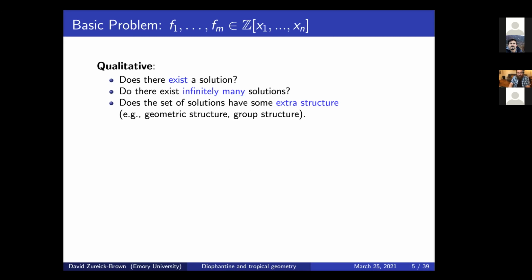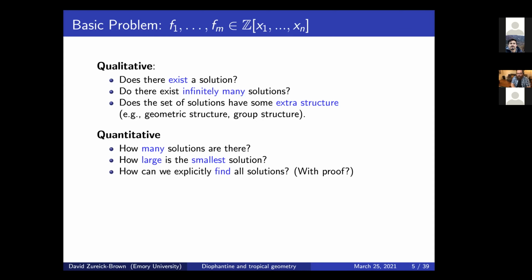Do there exist infinitely many solutions or finitely many? Does the set of solutions have some extra structure, geometric structure, group structure? There are quantitative questions like, how many solutions are there? 0, 1, 10? How large is the smallest solution? How can we explicitly find all of the solutions or find them with proof?